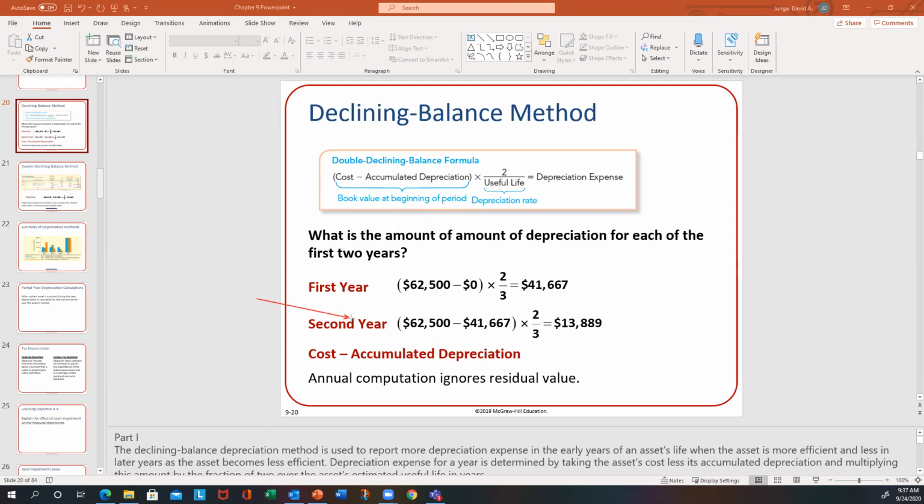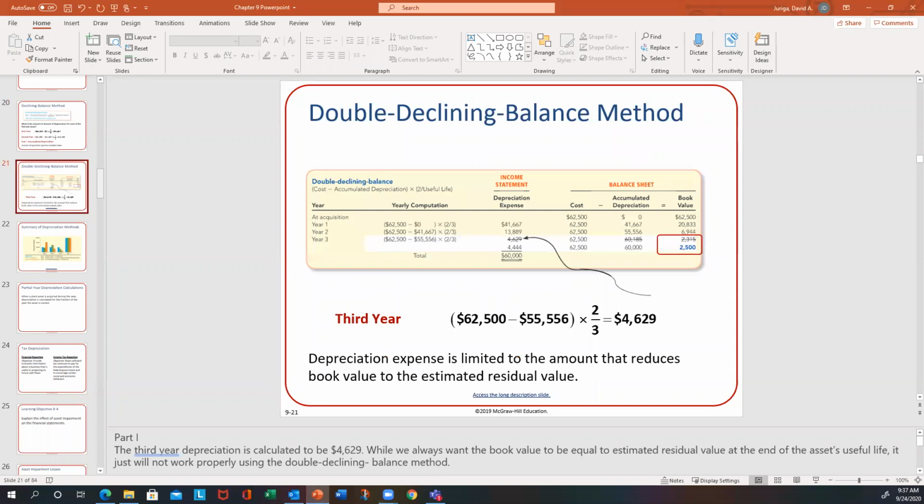And then in the second year, you have to update that base. You take the cost minus the accumulated depreciation, and then still multiply by that same rate, and then you get 13,889. So that's the basic idea of how you do it every year. Now, the thing about the declining balance method is you have to make sure that the ending book value always equals the residual value.